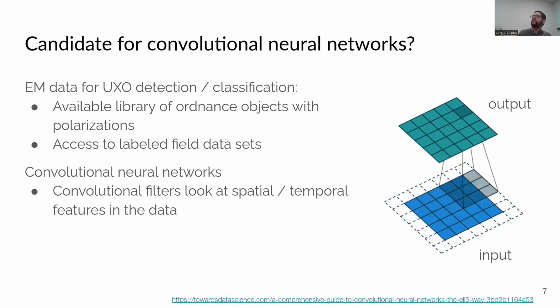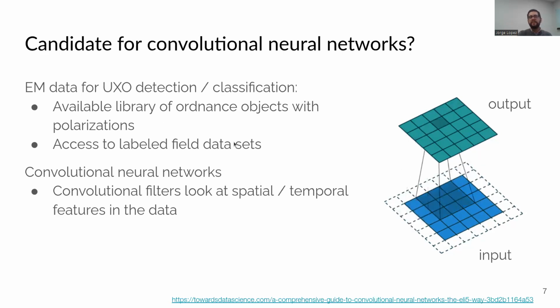That means we'll be able to generate a large training data set, which is needed for this kind of machine learning method. You need a very large training data set in order for your CNN to perform this classification.